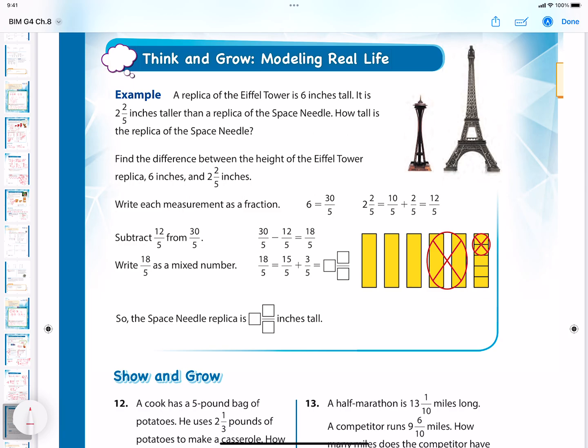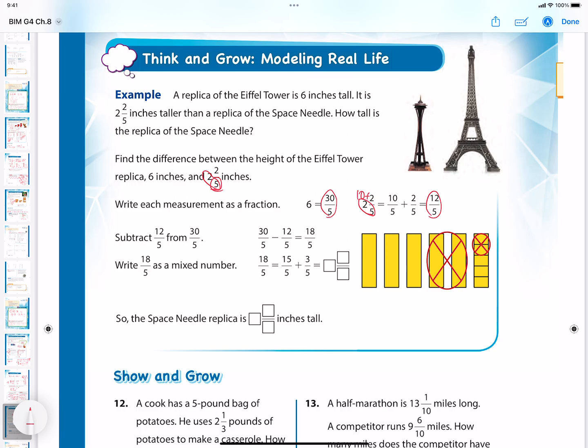Now write each measurement as a fraction. 6 inches is equal to, because we are using 5 as the denominator, 5 times 6 is 30, so 30 over 5. And then 2 and 2 over 5, using the cross multiplication strategy: 5 times 2 is 10, 10 plus 2 is 12 over 5.